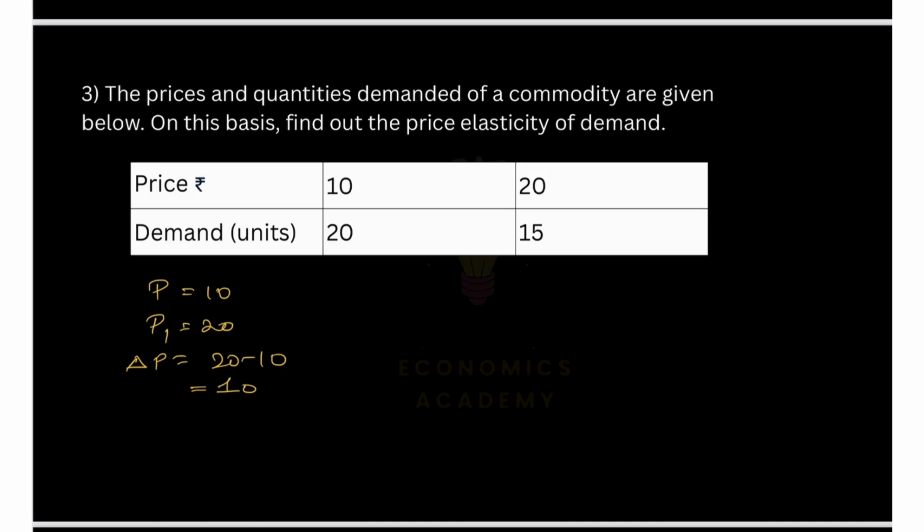Now, the change in quantity: Q is 20, Q1 has become 15. So the change in Q is Q1 minus Q, that is 15 minus 20, which is minus 5.